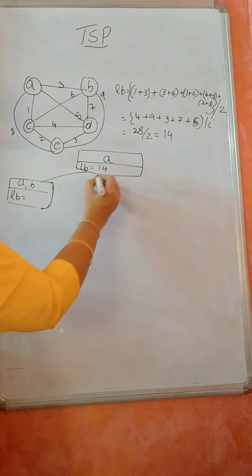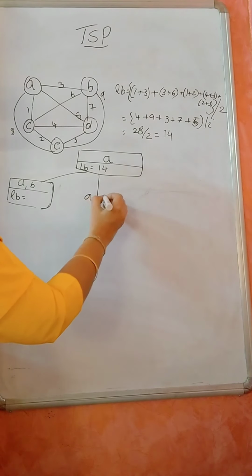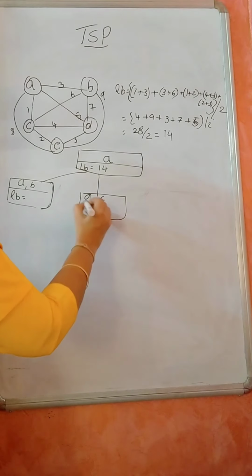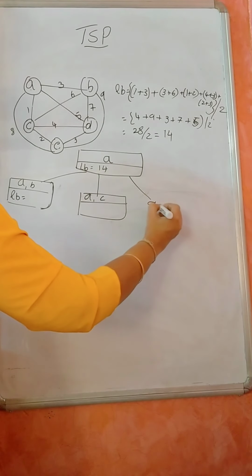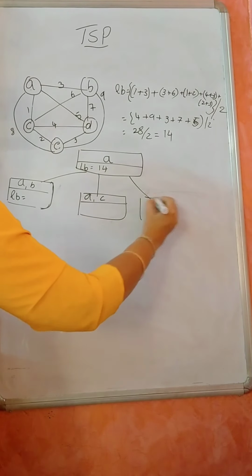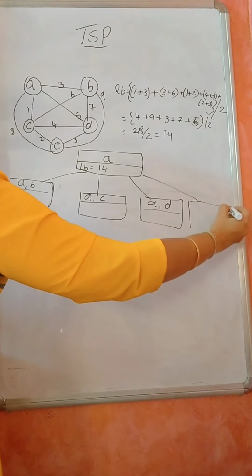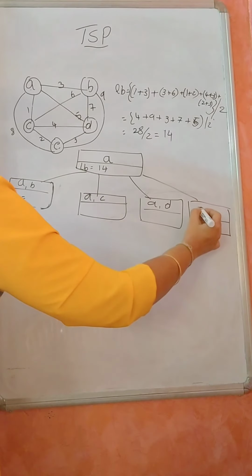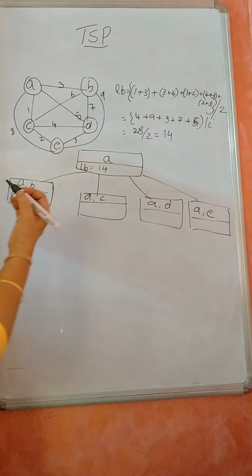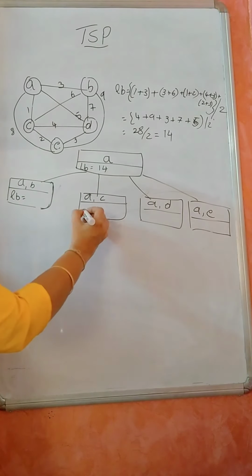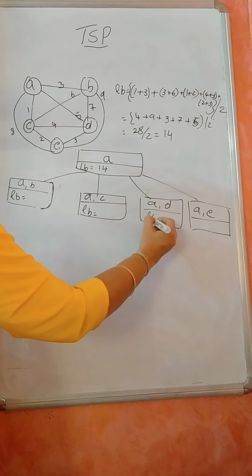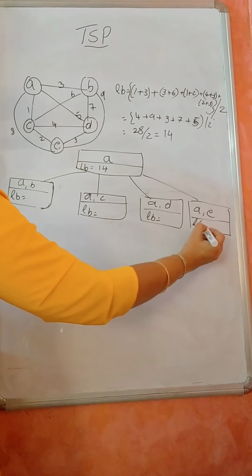From A, I can move to D. It is branch and bound, so whatever the different branches are, consider all the branches. A to B, A to C, A to D. Now compute the lower bound for each.